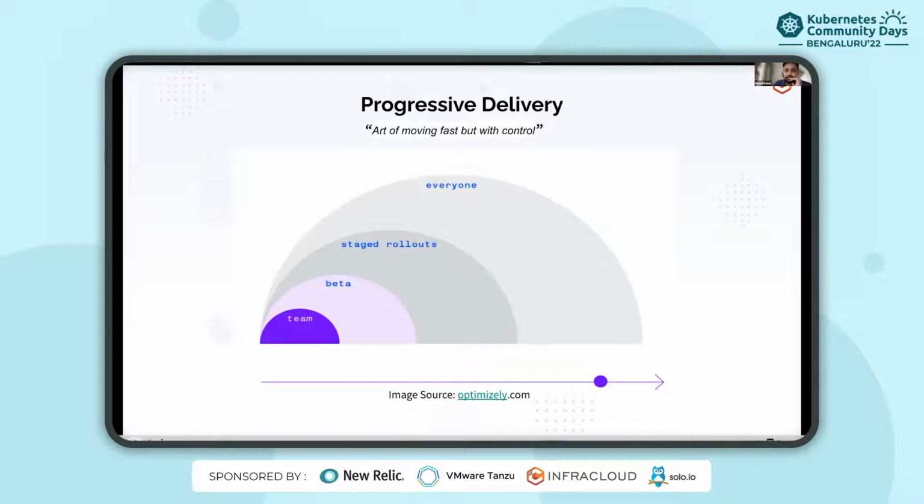So that's the core characteristic of progressive delivery. I hope everyone is able to get the gist of how progressive delivery is a bit different from continuous delivery.